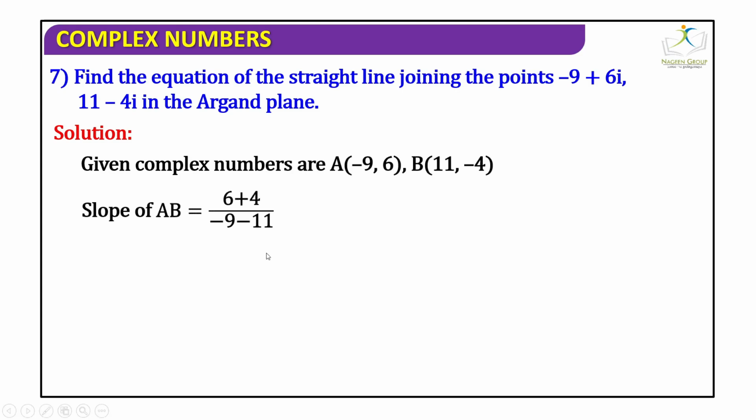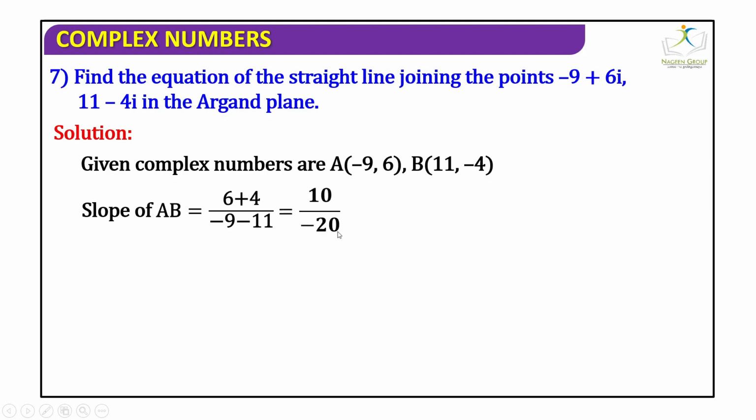Slope of AB, first we find out the points. x is -9 and y is 6. From here it is 11 and -4. Now slope will be y2 minus y1 divided by x2 minus x1. So y2 minus y1 means -4 minus 6, right? And this will be 11 plus 9. So this will be equal to -10 by 20.